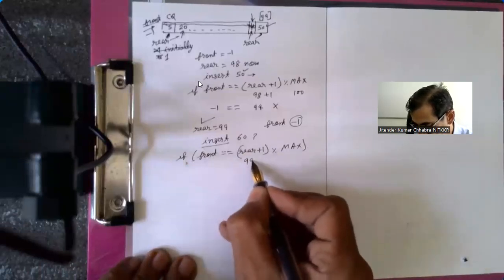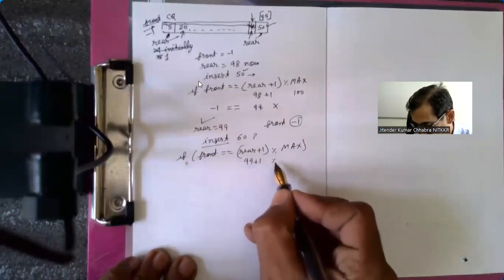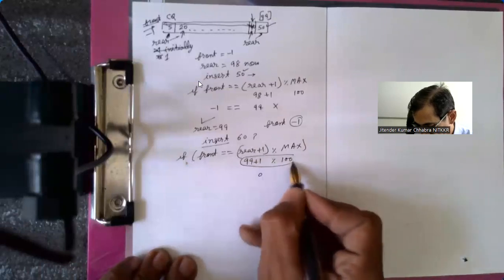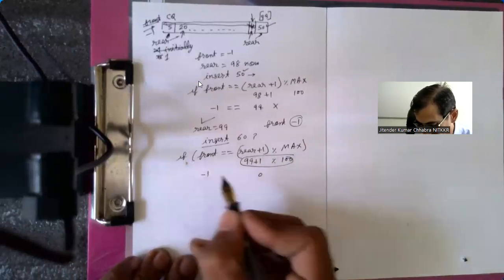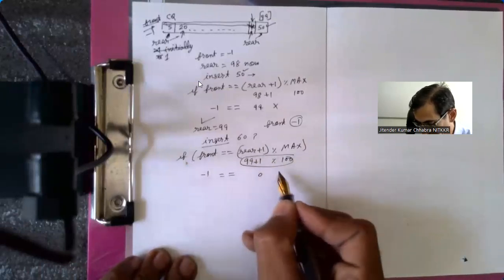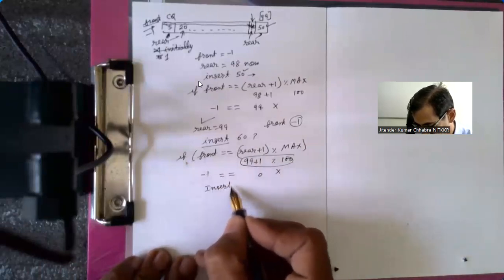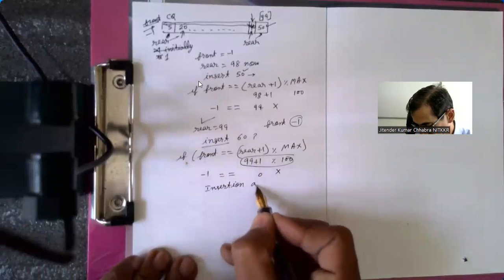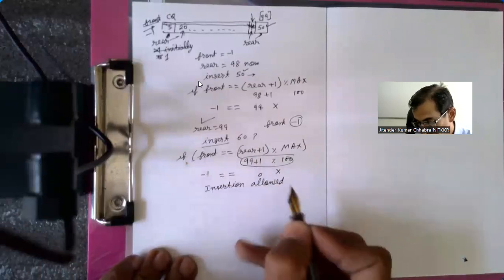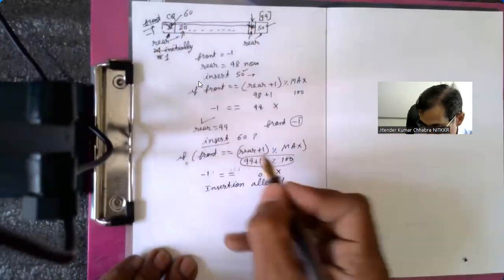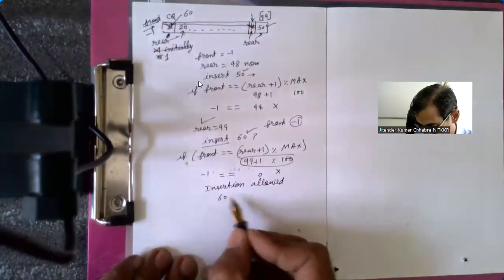Rear is 99 now. 99 plus 1 percentage 100 becomes 0. But front is -1. Is -1 equal to 0? No, and insertion still gets allowed. And what it will do is effectively this 5 will be overwritten and I will get 60 stored here.